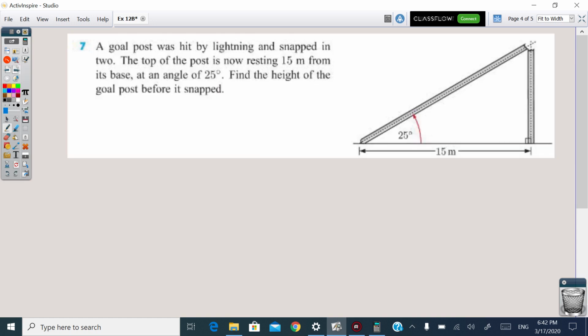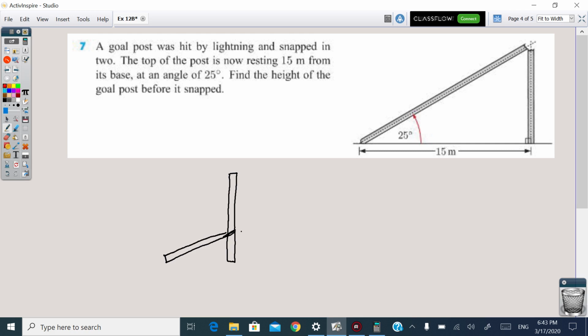And this question about the goalpost requires us to understand what kind of goal we're talking about. A goalpost is like a column, so it's like having a column that snaps somewhere here, that breaks, and this part folds.